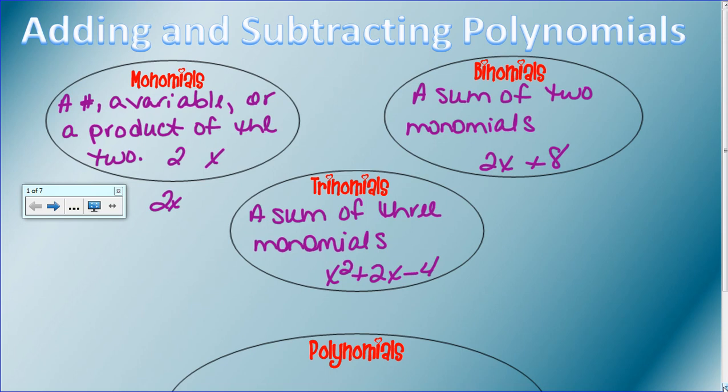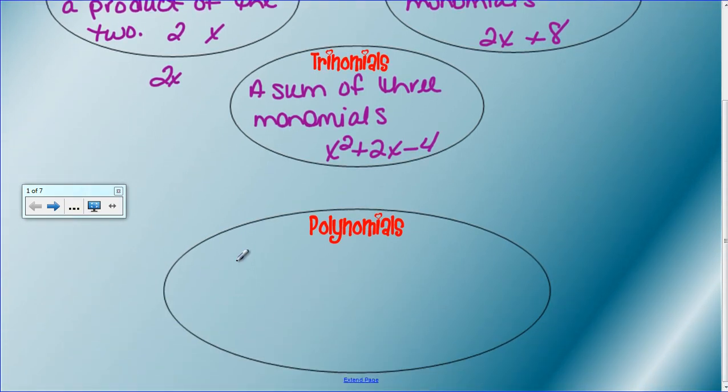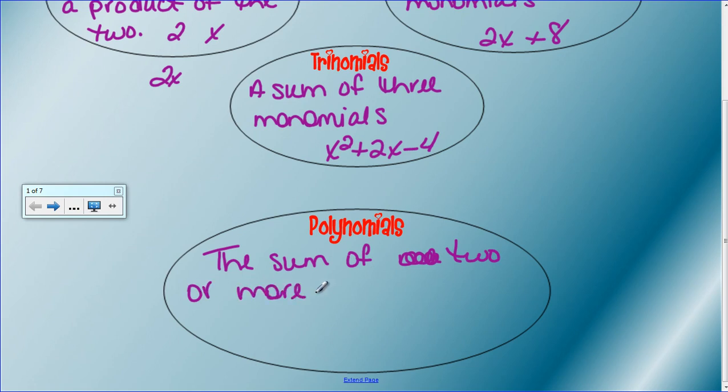After 3 monomials, we quit giving them specific names and we just call it a polynomial. A polynomial is the sum of 2 or more monomials.